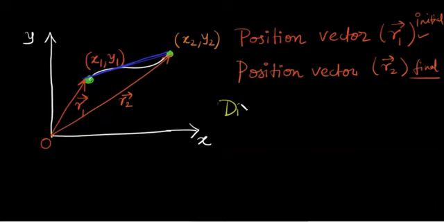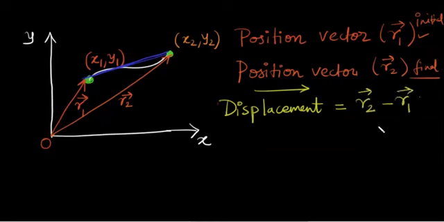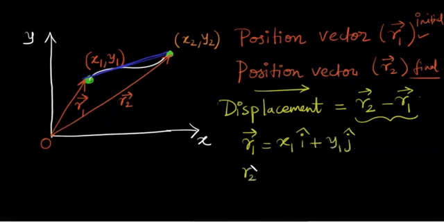So now what is the displacement vector over here? The displacement vector, I'm giving a huge arrow on this because this is a vector, is given as r2 bar minus r1 bar. Now if I write this in component form, r1 bar can be written as x1 i cap plus y1 j cap, and r2 bar as x2 i cap plus y2 j cap.